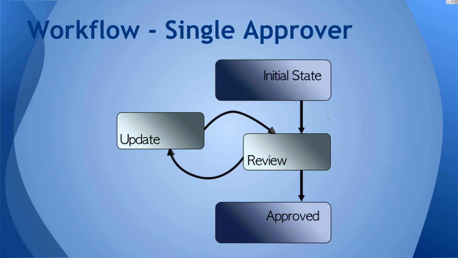And so single approver basically means a single approval. In other words, the person submits it, it goes into some review, and then it's either approved or maybe it's rejected, and then there's the opportunity, if it's rejected, to be submitted again. So that's what this is here.